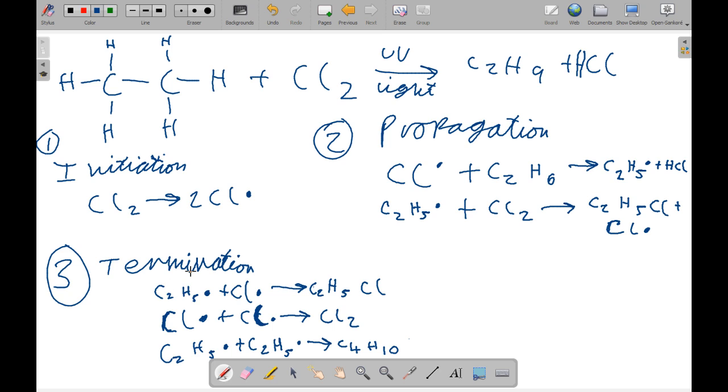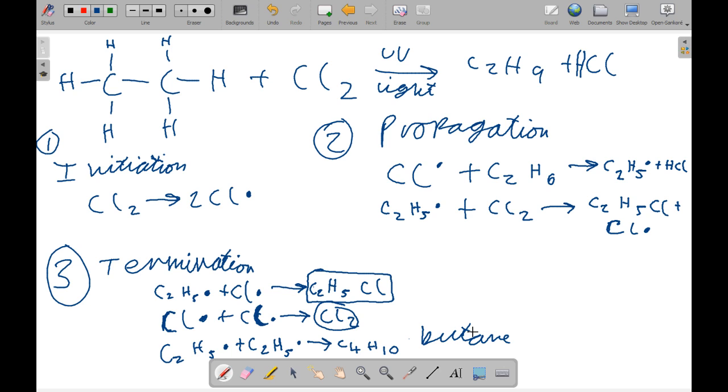There. Termination, we have C2H5 plus Cl dot to make C2H5Cl. Cl dot plus Cl dot neutralizes all the radicals, and C2H5 dot plus C2H5 dot gives us good old butane, C4H10.